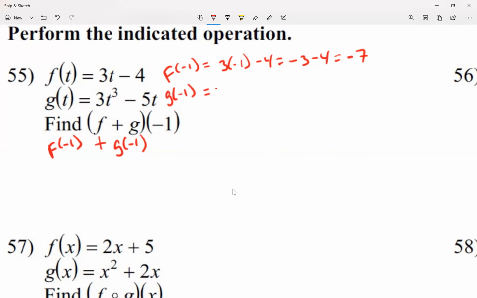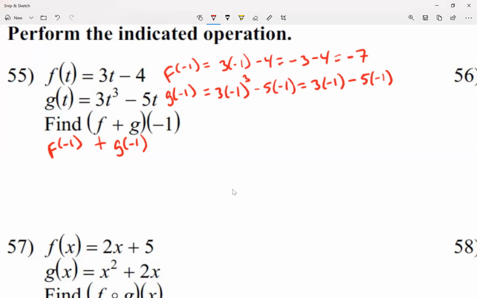I have 3 times a -1 cubed minus 5 times a -1. So that gives me 3 times a -1. Notice I'm going to do the exponent. So -1 times -1 times -1 still stays as a -1, minus 5 times a -1.